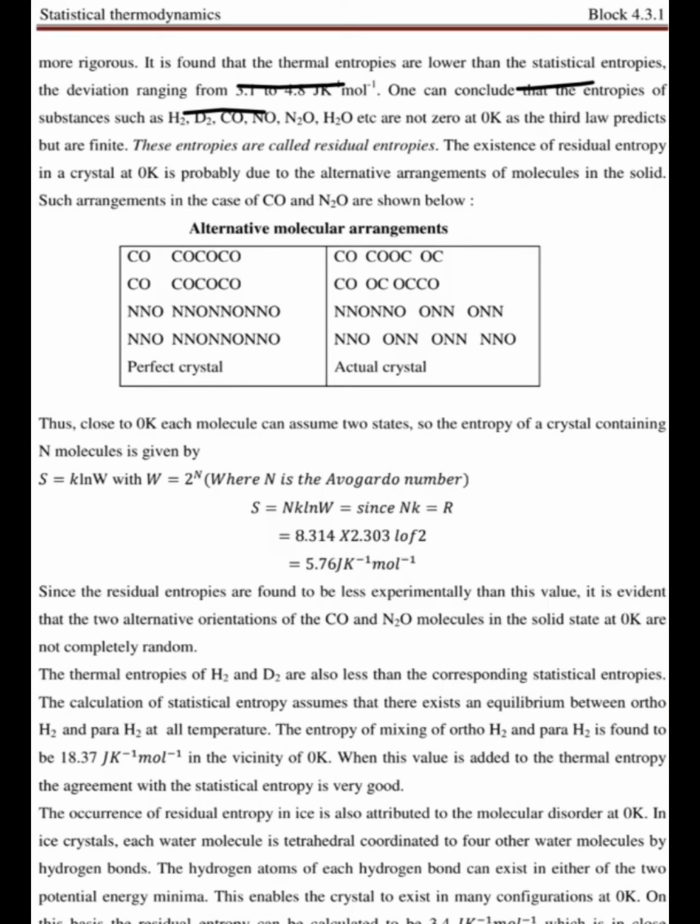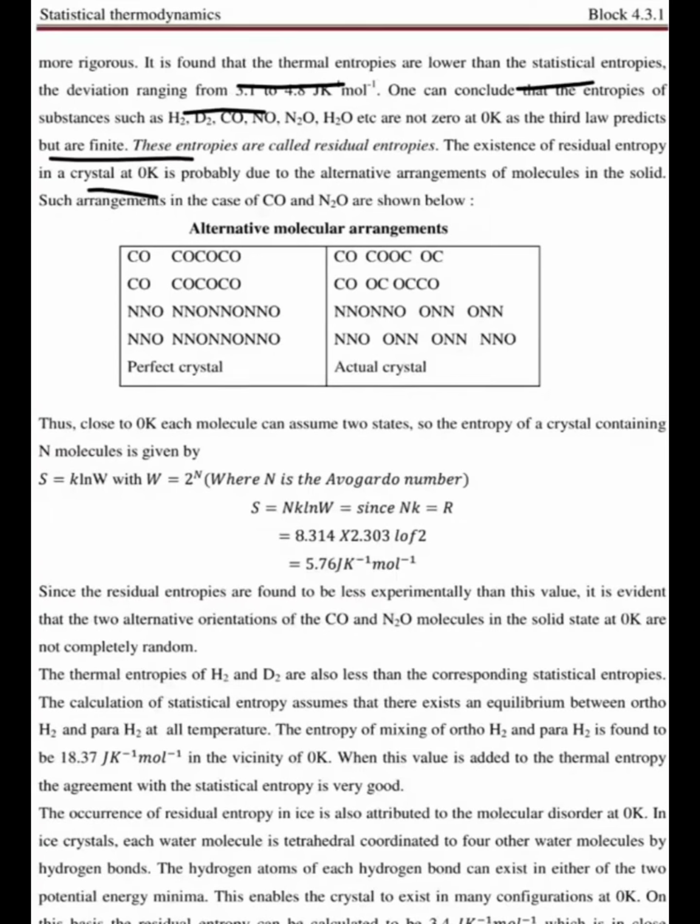So the third law value is finite. So these entropies are called residual entropies. The third law predicts it is zero for a perfect crystal. The existence of the residual entropies in a crystal at 0 Kelvin is probably due to alternative arrangement of the molecules in the system.